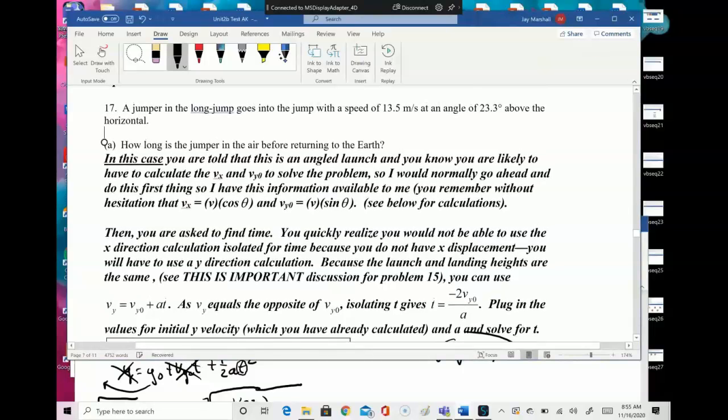So here's what I said. In this case, you're told that this is an angled launch, and you know you're likely to have to calculate Vx and Vy0, so I would normally go ahead and do this first. Even if you just do that, I'll give you some credit, even though you haven't really addressed the problem.